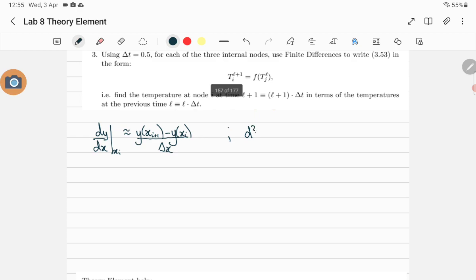And a second derivative at a point is approximated by next minus twice current plus previous, and it's divided by delta x squared.